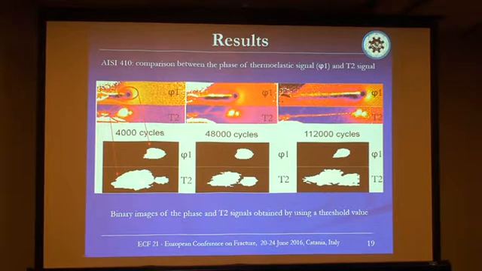With this binarization of the image, with the same threshold value for all the images, it's possible to highlight that with increasing cycles, the plastic area seems to become greater. Analyzing the T2 component, this is not the same with the Phi1 component.